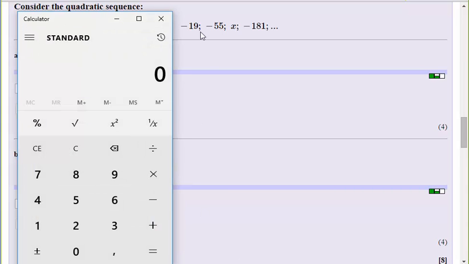Negative term 1, so it's already negative 19, so it would be positive 19, plus term 4, which is 181 with a negative, plus 3 times term 2, which is 55 with a negative, divided by 3. That doesn't look right. That doesn't look good at all.